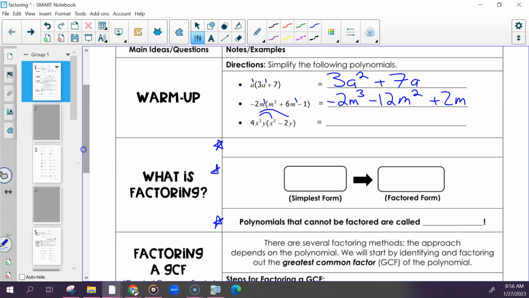Not a number, so the 4 is going to stay the same. You have x's in the first one. Add those exponents. What would that become? 5. The y would not change, so it would be x to the 5th y. What would the second part be?